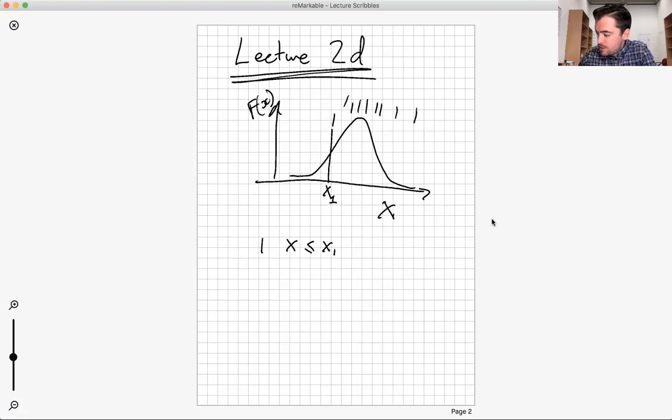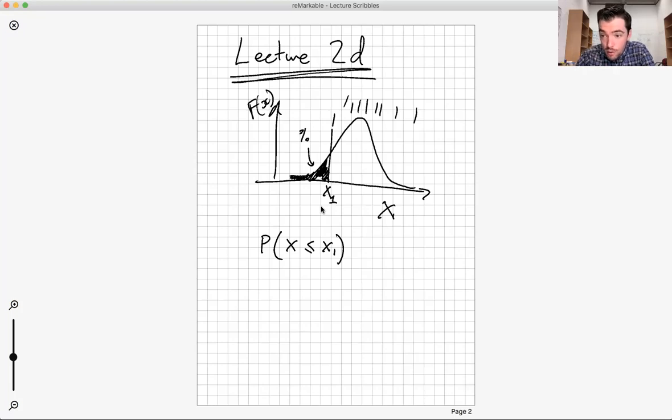So the probability of this thing here is related exclusively to the amount of probability density in that tail. That is to say, how often do I expect to see a value that is less than or equal to x1? I expect to see it that many percent of the time.